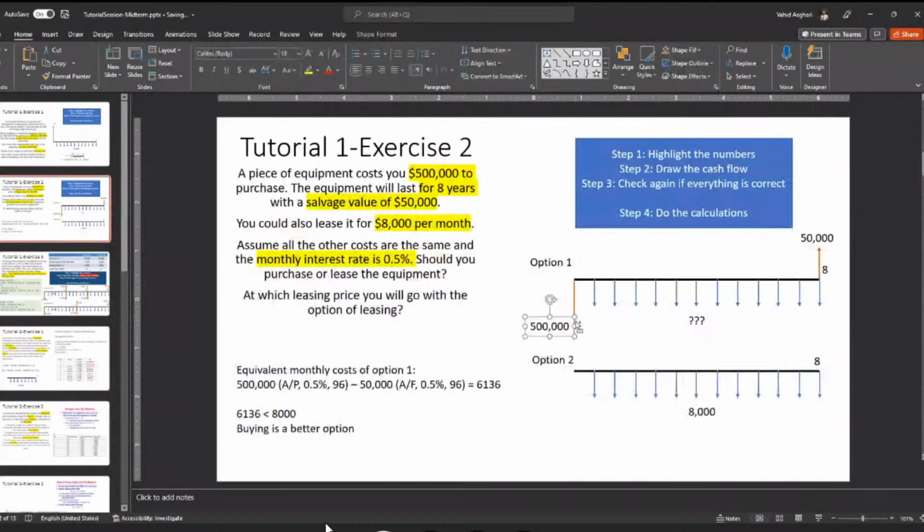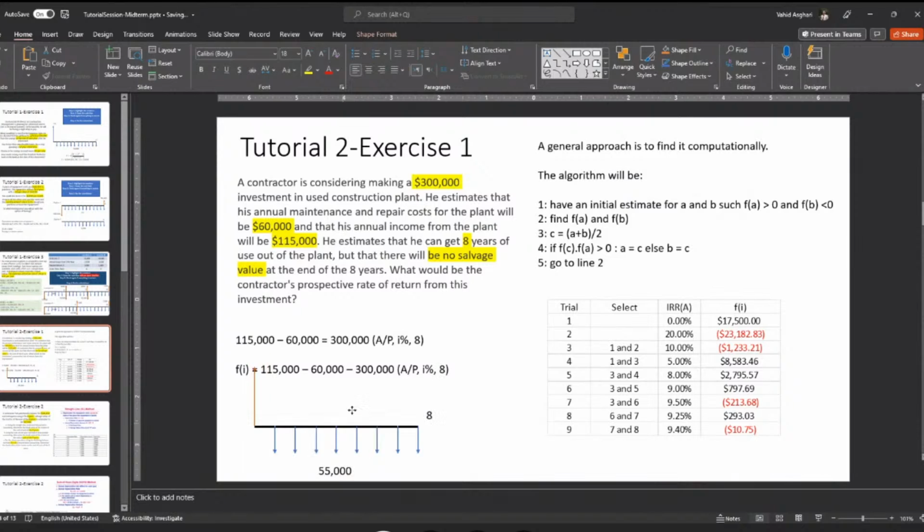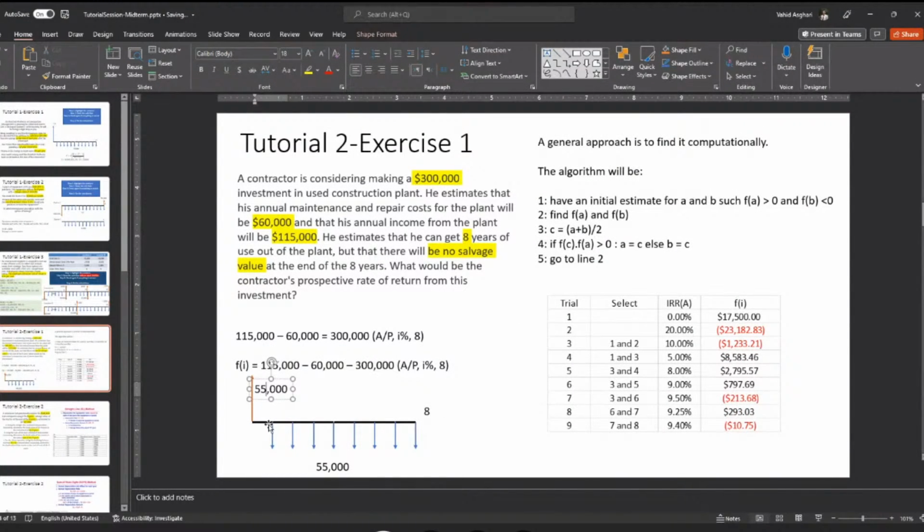Yeah, the initial investment is $300,000. So we have this cash flow.